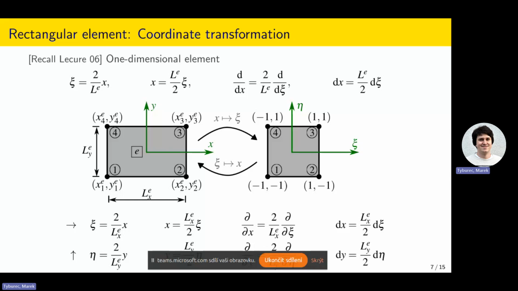Now we define these functions for the direction y, and as a consequence we get a pair which looks like this. The first one, and the second one will be like this.